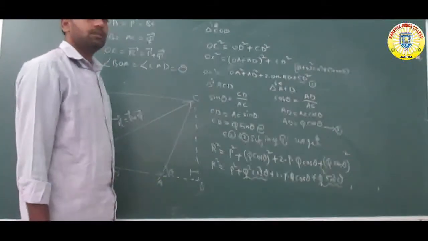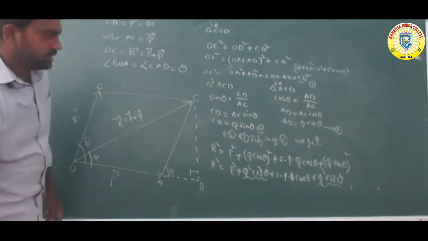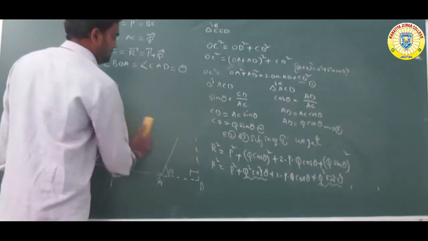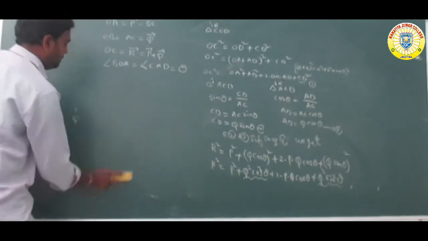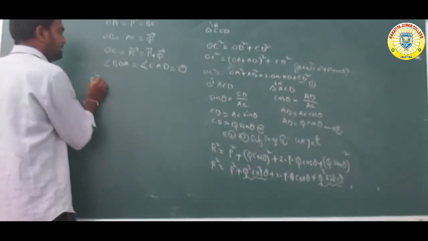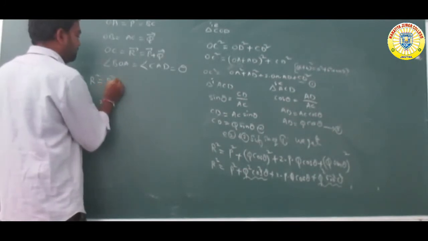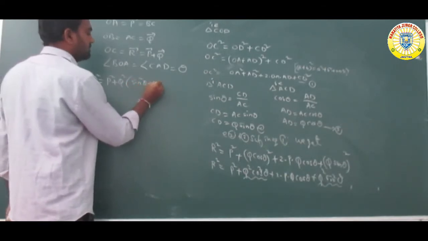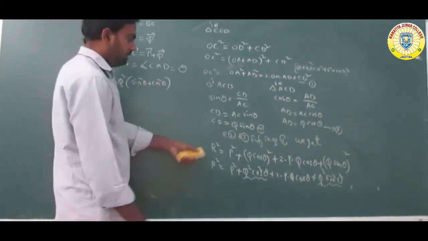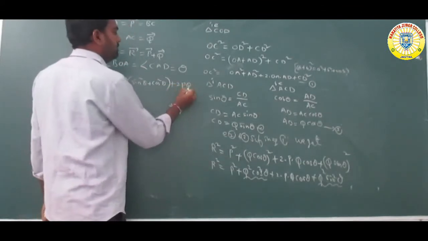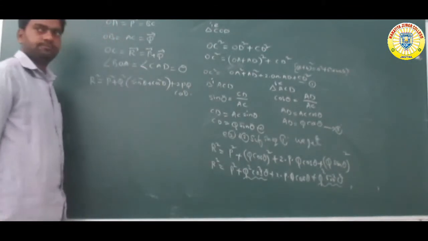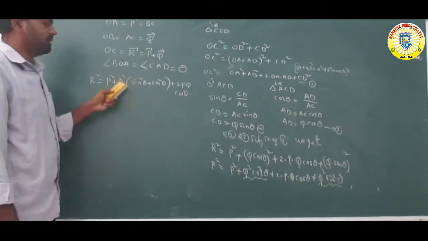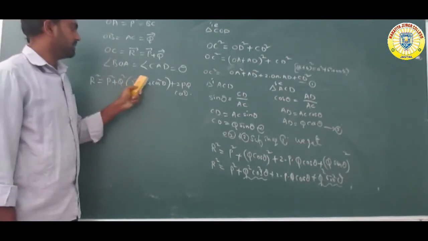Q square is taken common, so the remaining equation we can write: R square is equal to P square plus Q square into sin square theta plus cos square theta, and the remaining term is 2PQ cos theta.